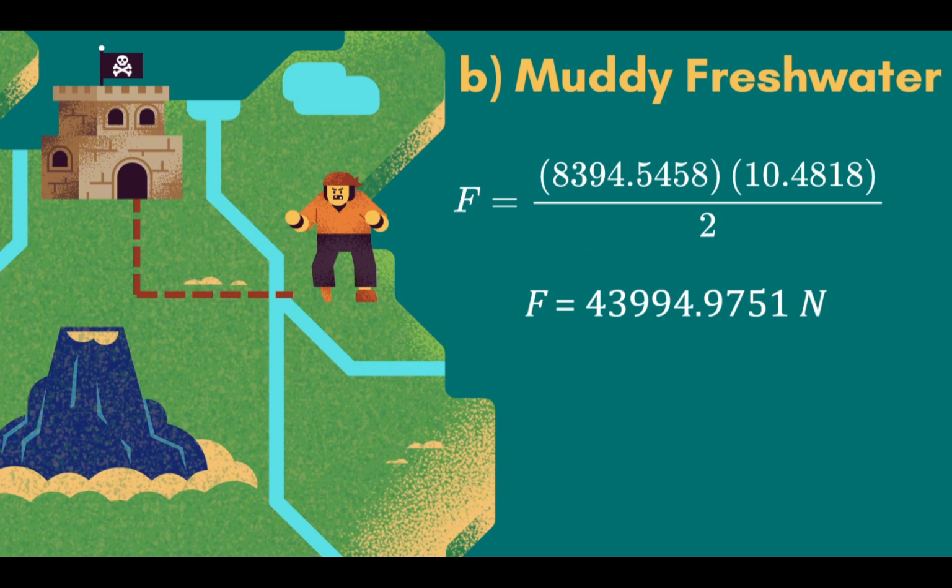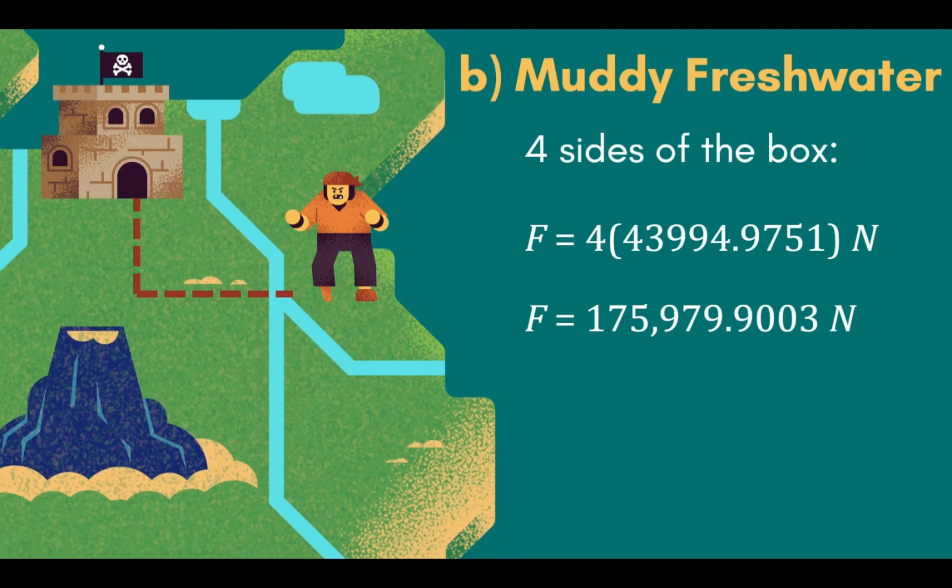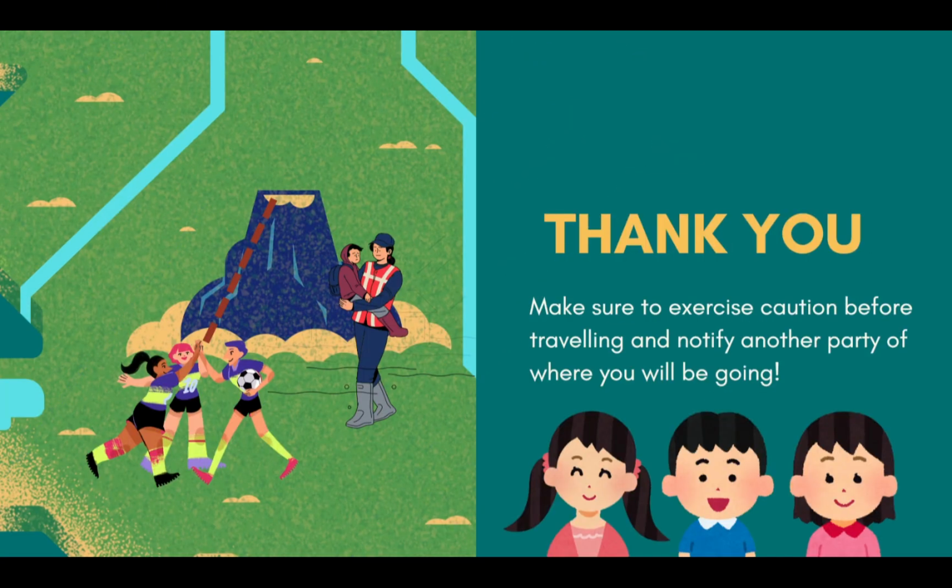After performing all the calculations, we find the value for one side of the box to be 43,994.9751 Newton. Since there are 4 sides, we multiply this value by 4 to obtain 175,979.9003 Newton. That concludes the discussion for question number 1 and question number 2, and thank you.